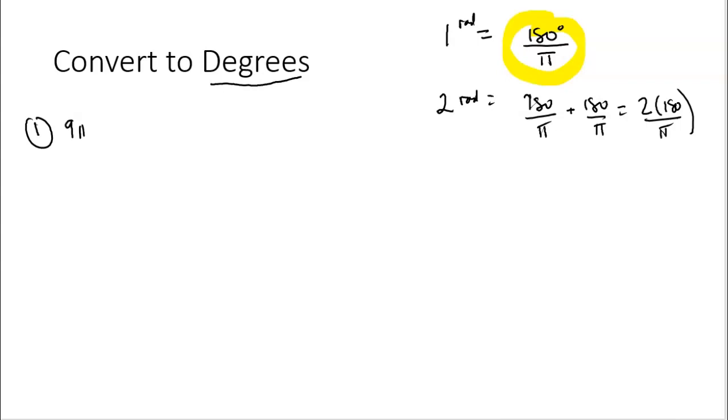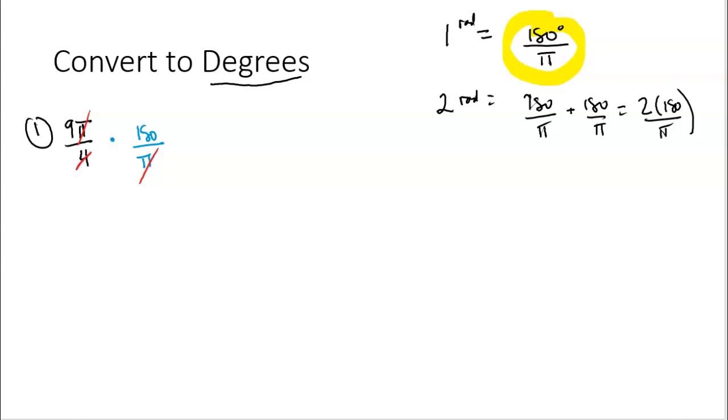So 9 pi over 4. I'm going to go ahead and multiply this by 180 all over pi. So what do I know? Well, first off, my pi's are going to cancel away right away. And again, if we didn't know how many times 4 went into 180, we can break it down again.